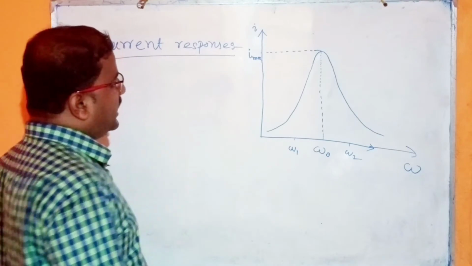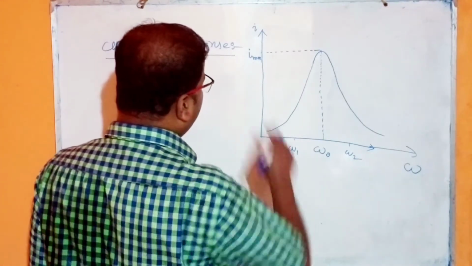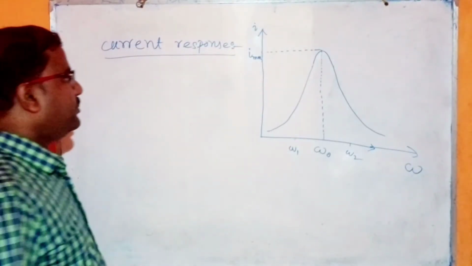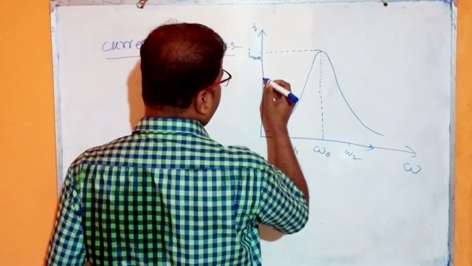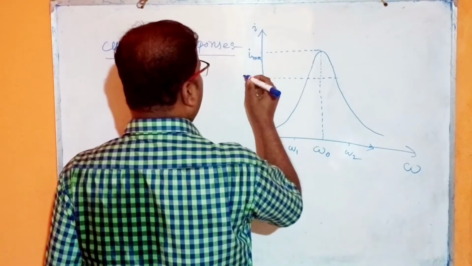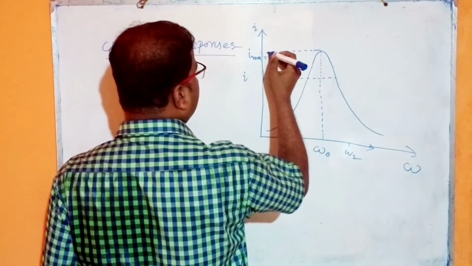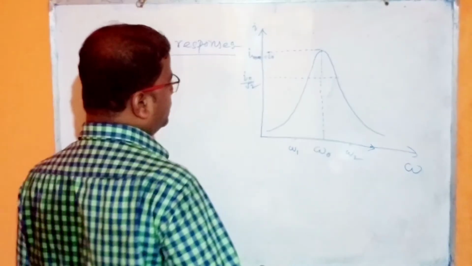The power is half when the current is 1 by root 2 times the maximum current, that is I max equal to say I0, so I0 by root 2.